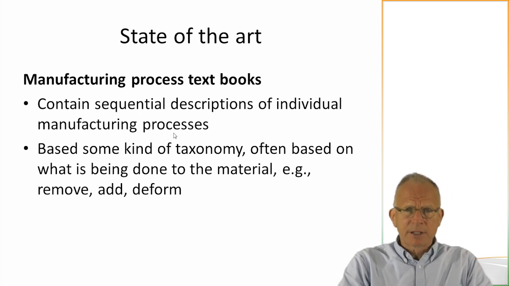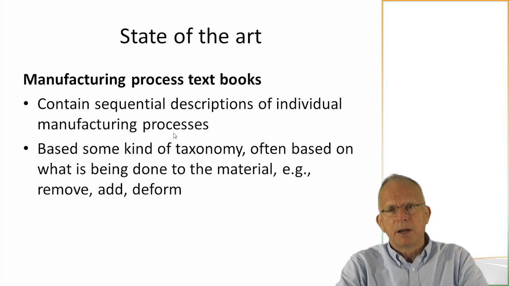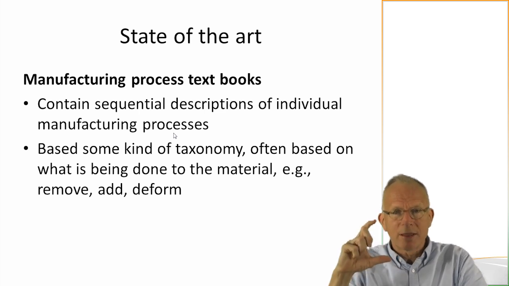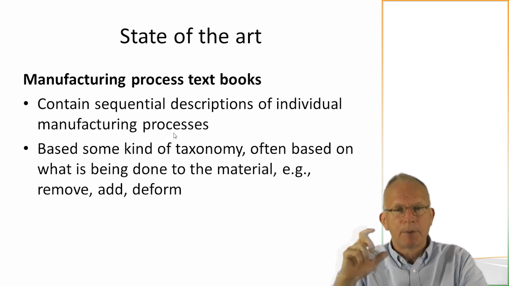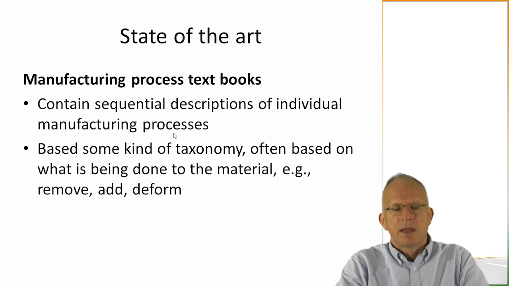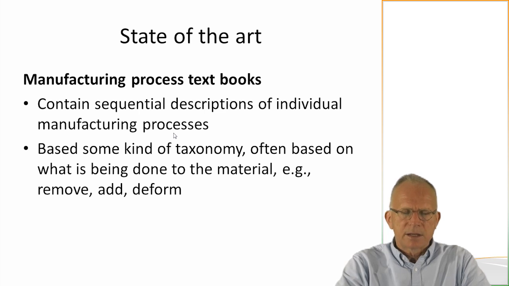And if we take a look at the state of the art, very good manufacturing textbooks are often quite thick, a bit expensive, and they contain essentially sequential descriptions of individual manufacturing processes.